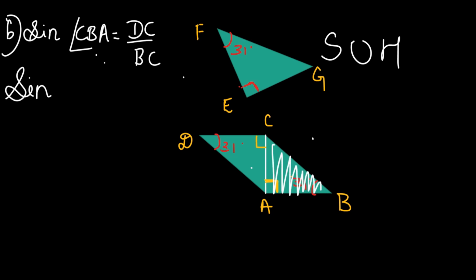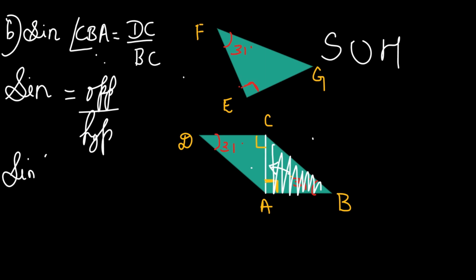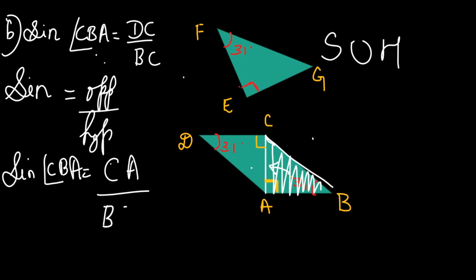Sine CBA will be equal to opposite by hypotenuse, where opposite is CA and hypotenuse is BC.